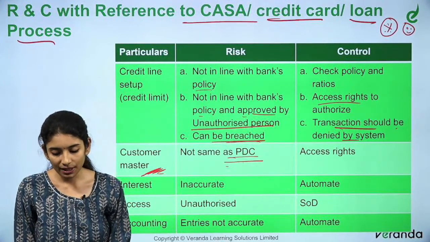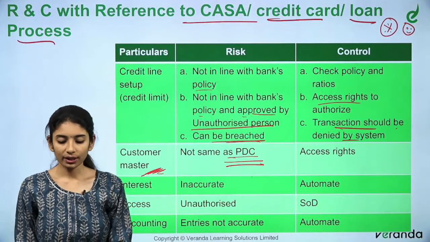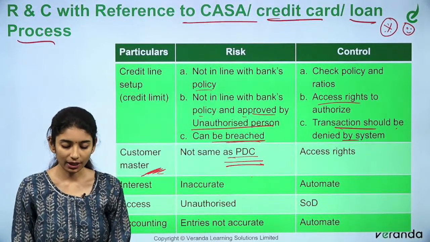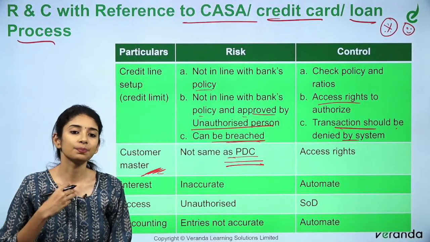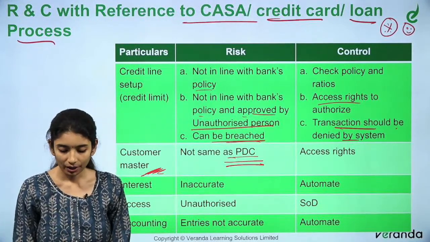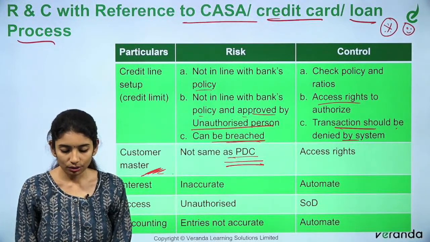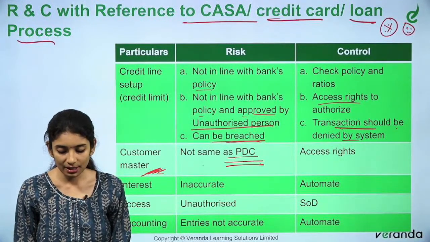Next, customer master: not the same as the pre-disbursement certificate. For example, the bank person is my relative, my neighbor, a close aunt.